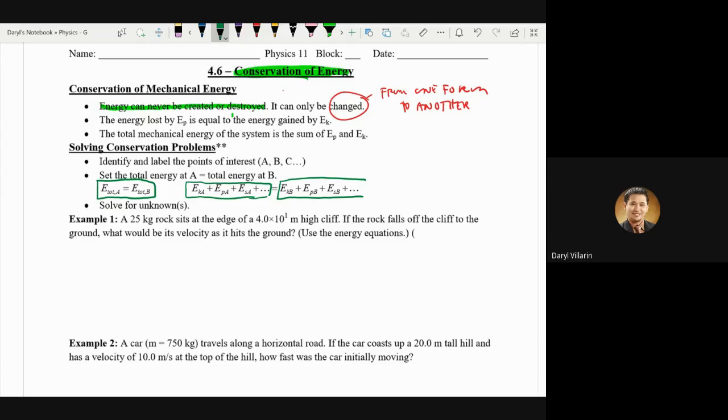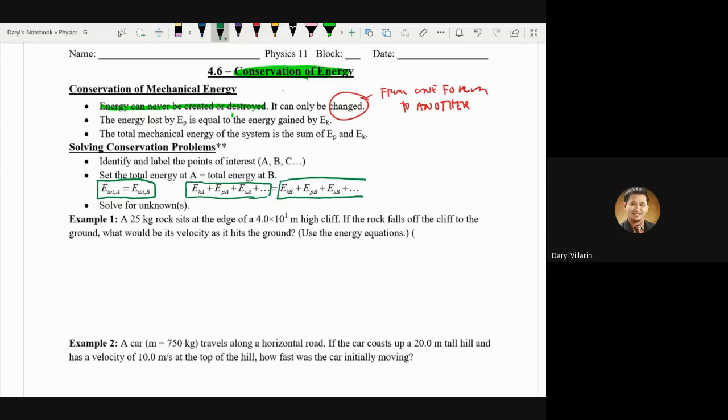A 25-kilogram rock sits at the edge of a 4.0 times 10 to the power of 1 meter high cliff. If the rock falls off the cliff to the ground, what would be its velocity as it hits the ground?